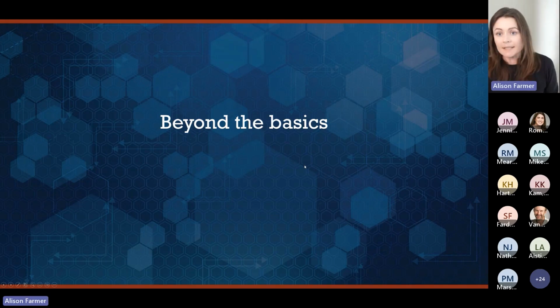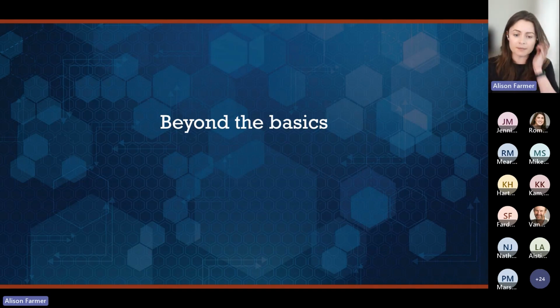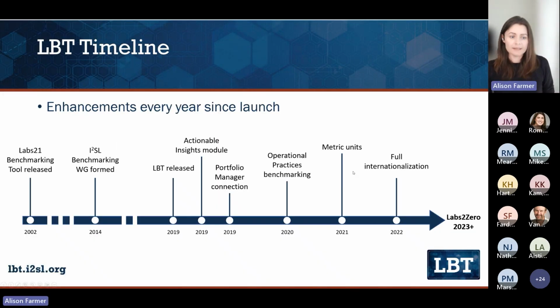So that's the basics. That's how you enter your data and how you do basic benchmarking of your building. Beyond that, we've done a lot with the LBT actually. The LBT grew from the ashes of the old Labs 21 benchmarking tool, which was originally released in 2002. In 2019, we released the new LBT that you can use today, built on the database that the Labs 21 tool had.